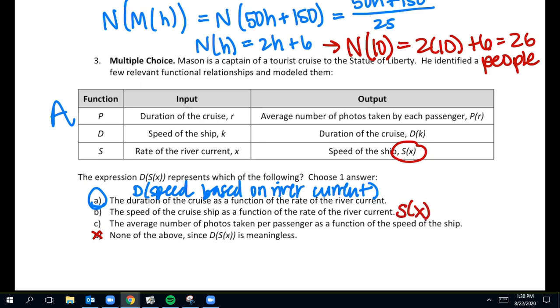And then C, we have the average number of photos taken, that's the P, per passenger as a function of the speed of the ship, K. And so that one I would write P of S of K, or X, I mean, the speed of the ship. Speed or K, either one. But then this one was the photos, which was not what we were looking for. So that answer was A.